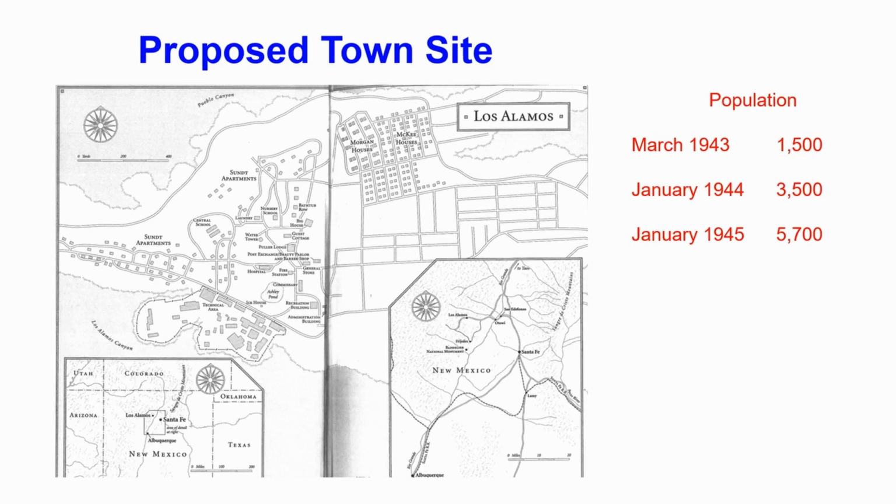And just to give you an idea where Los Alamos is, here's Albuquerque down here, the Lamy, where the train comes in, Santa Fe, and then you come up, go across the San Ildefonso Pueblo, and get into Los Alamos that way.